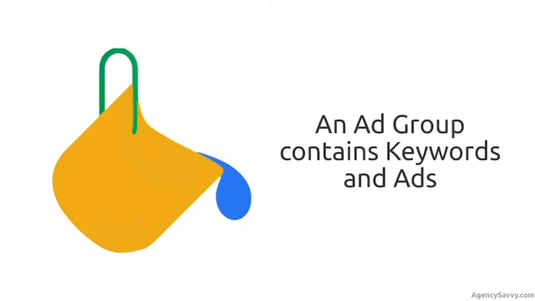An ad group is just a big bucket that contains your keywords and your ads. It contains as many keywords and ads as you want within reason. You're probably generally going to have a very, very small number of keywords and ads in each ad group. And as I'll explain in a second, far better to have lots of ad groups than just one big bucket.